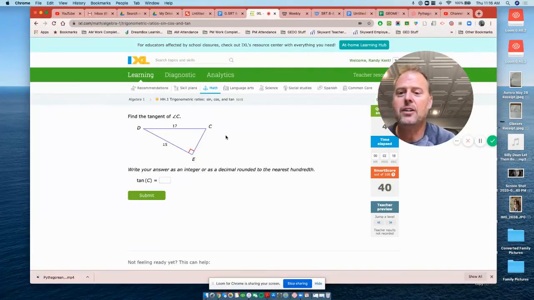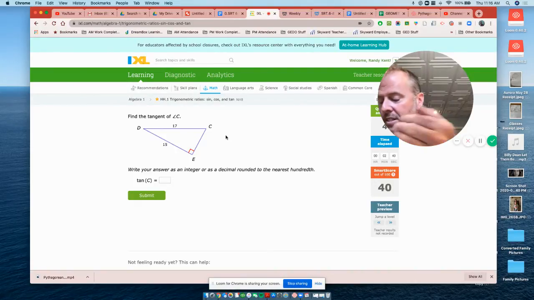I'm not going to explain how to do the Pythagorean theorem again. I'm just going to go through this. So 15 squared is 225, and 17 squared is 289. I'm going to need to do the 17 squared minus the 15 squared. So 289 minus 225, and I get 64.